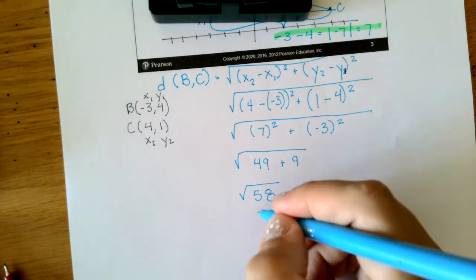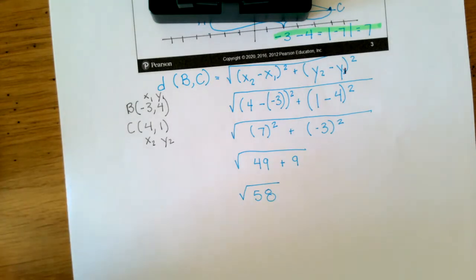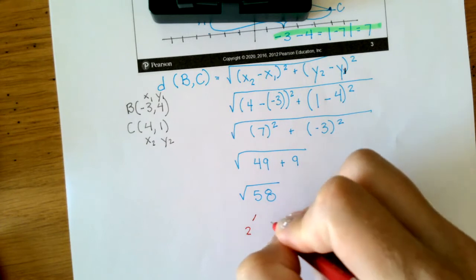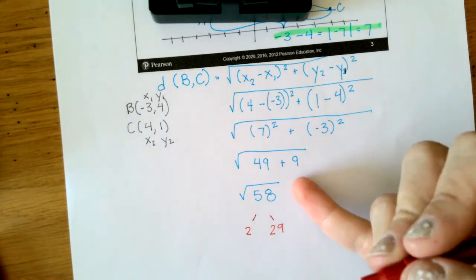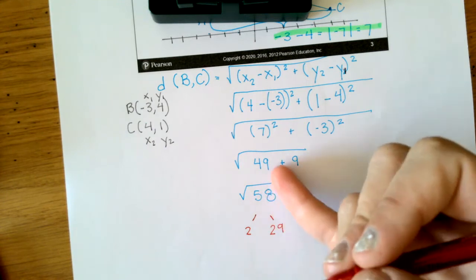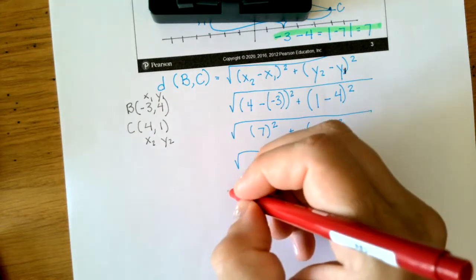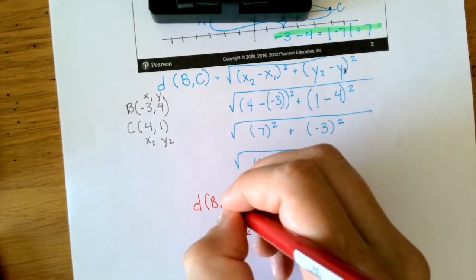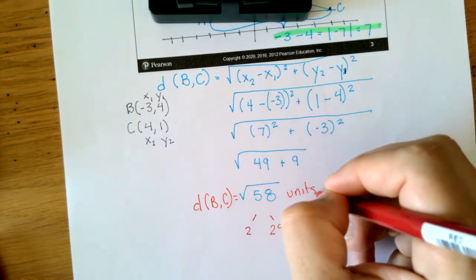And same thing here, simplest radical form. 58 can go into, I think, only 2 and 29. So we can't pull out the 2, we can't pull out the 29 because neither of those are squares, neither of those repeat, right? So the distance between B and C is the square root of 58 units.